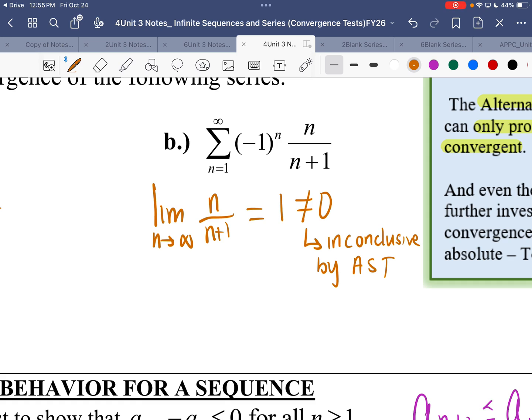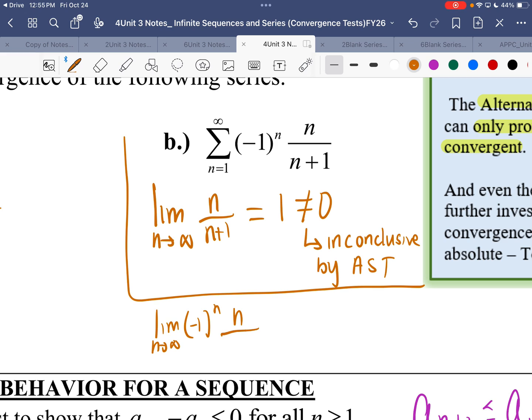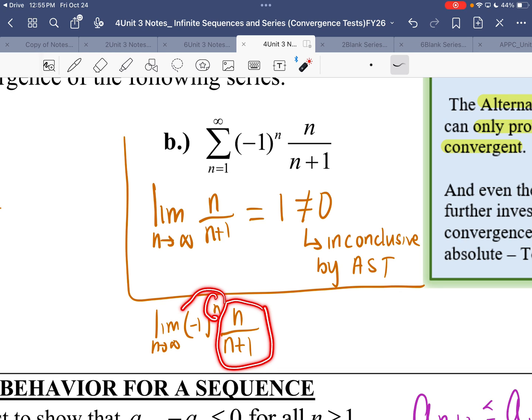The nth term test for convergence or divergence. The divergence one would work. So do the limit of the entire series. What is the limit of the rational function going to? Like this part? 1. And then what would this one bounce between?